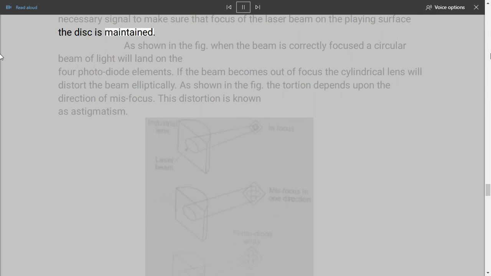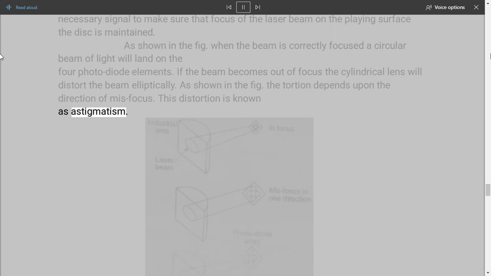As shown in the figure, when the beam is correctly focused, a circular beam of light will land on the 4 photodiode elements. If the beam becomes out of focus, the cylindrical lens will distort the beam elliptically. As shown in the figure, the orientation depends upon the direction of misfocus. This distortion is known as astigmatism.